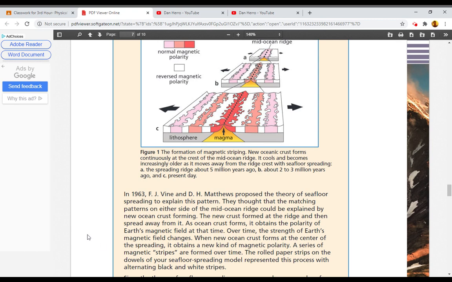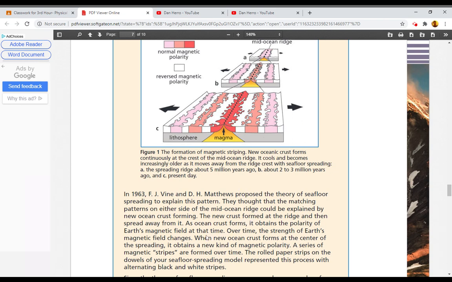Over time, the strength of Earth's magnetic field changes. When new ocean crust forms at the center of the spreading, it obtains a new kind of magnetic polarity. A series of magnetic stripes are also formed over time. So anything that's closer to the mid-ocean ridge is newer, and anything that's further away from the mid-ocean ridge is older.